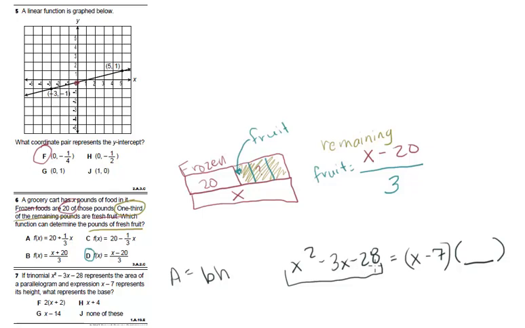But I can also just use what I know about FOIL. I know that if I'm going to multiply -7 by this other factor's last term, it has to give me -28. Well, what times -7 is -28? That's 4, because -7 times 4 is -28.